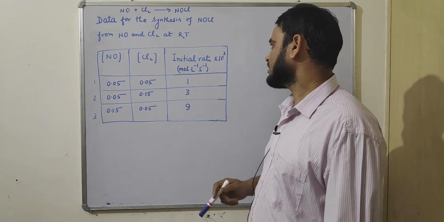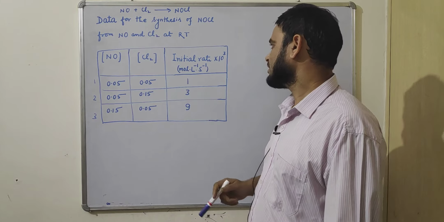We will put these values in the equation: (C2 upon C1) raised to power A is equal to R2 upon R1.